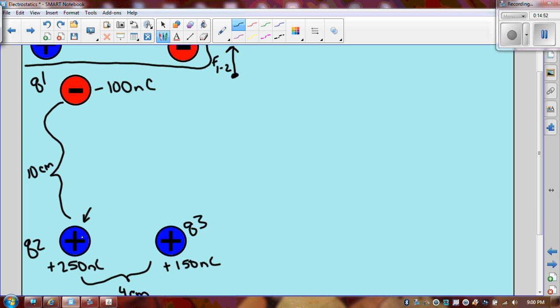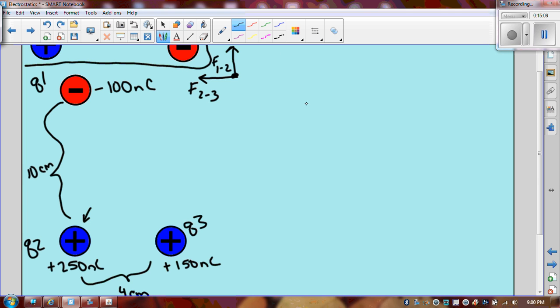And then over here, it's going to feel repelled to the left because this positive Q3 is going to push Q2 to the left. And so that's going to be the force between 2 and 3. So that is my force diagram right there.